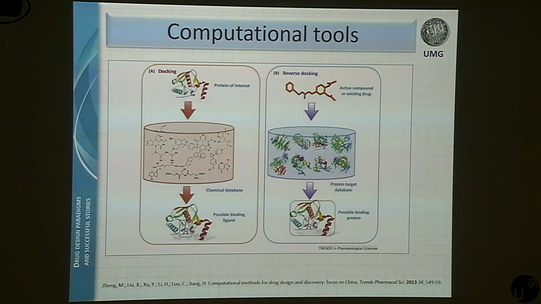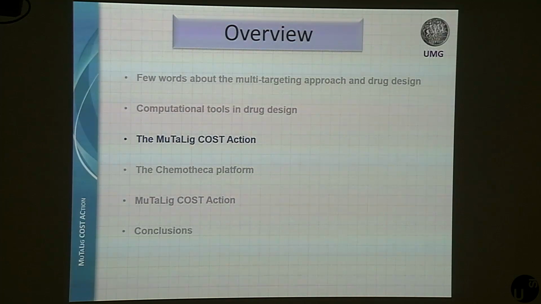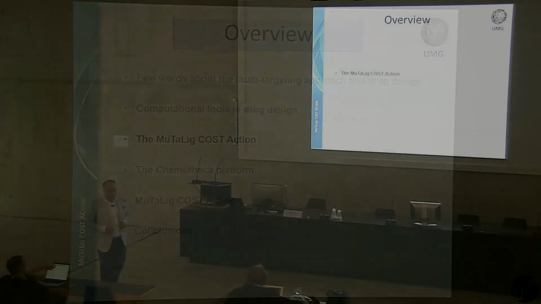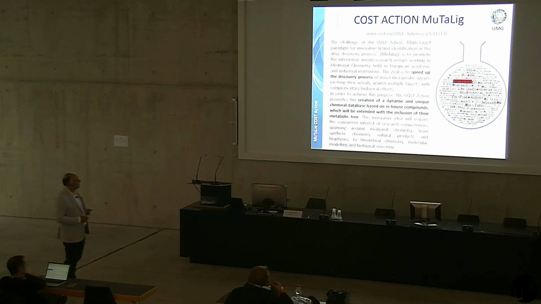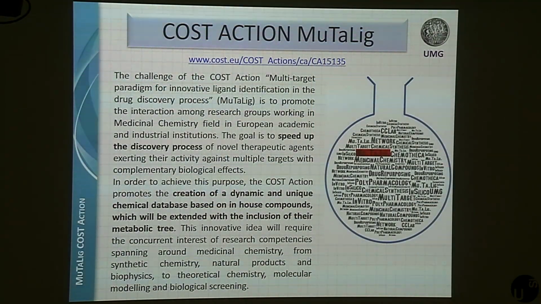So basically, what we tried to do in our submission, which started in 2015, was to create a network able to complete the preclinical development of multi-targeting drugs. We use this logo, in which you see many different things inside, including natural compounds, repurposing, polypharmacology, synthesis, and drug discovery by rational design.